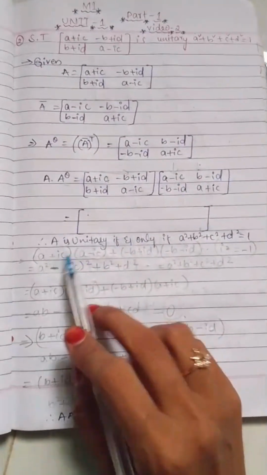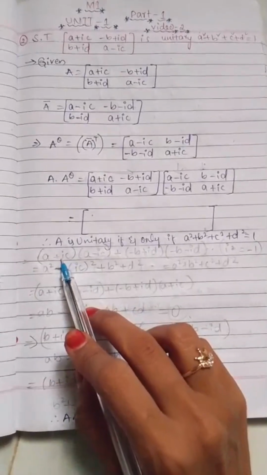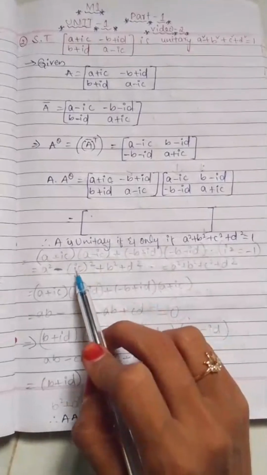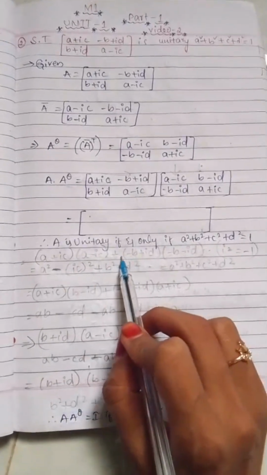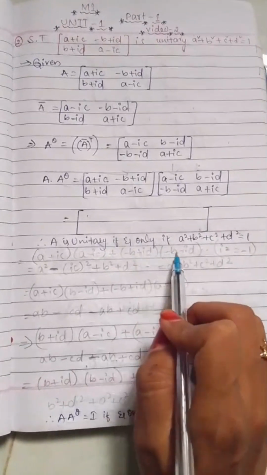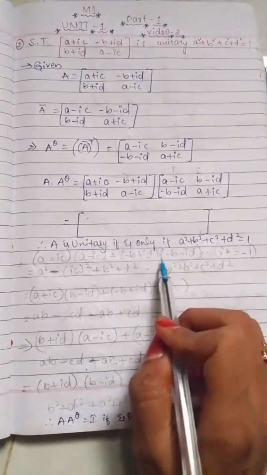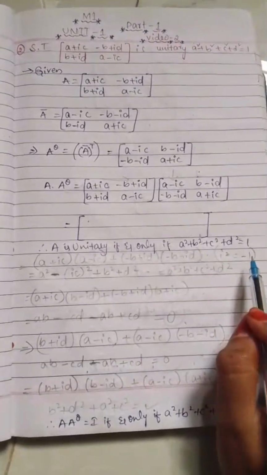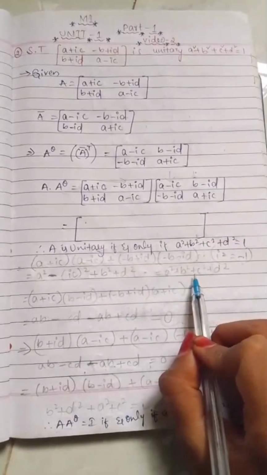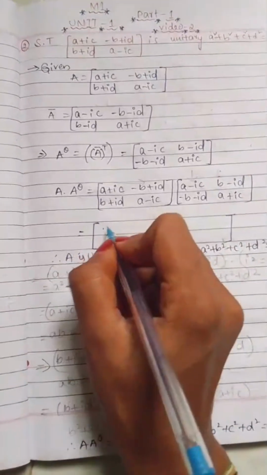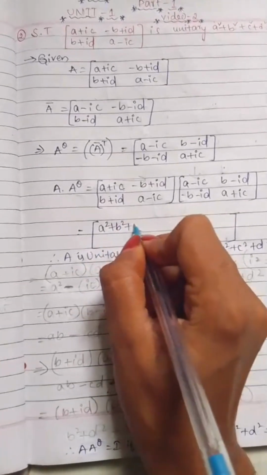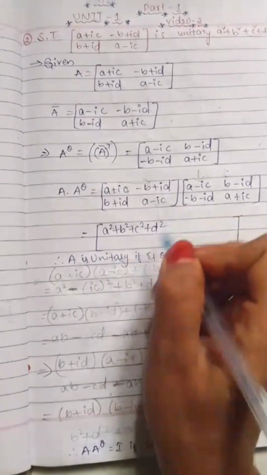This will be, see, a into a, a square, plus into minus, ic, here ic, that will be c square, plus b into b, minus into minus plus, that is b square, and id into id, that is i square will be minus 1, that's why here d square. Here I will get a square plus b square plus c square plus d square. Here in this place I will get a square plus b square plus c square plus d square.